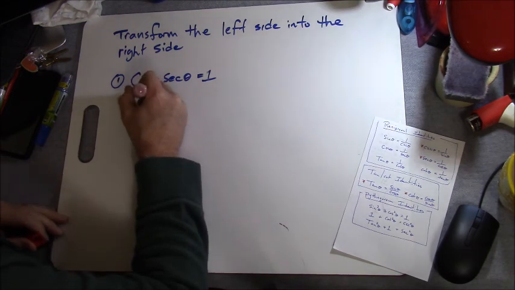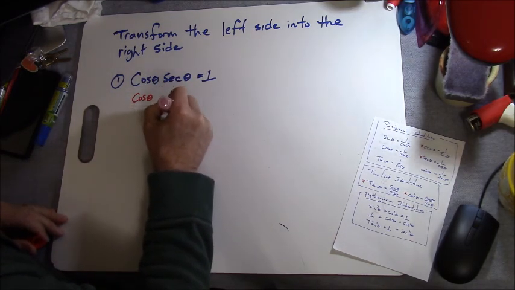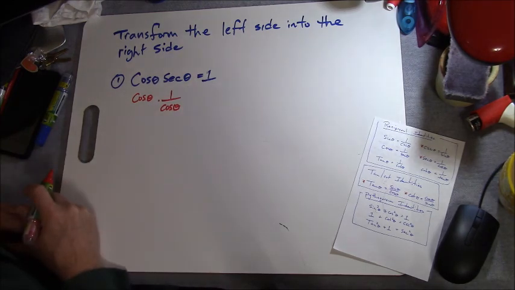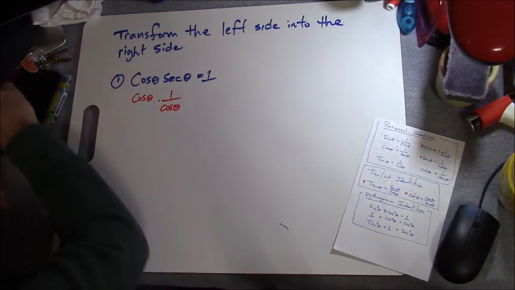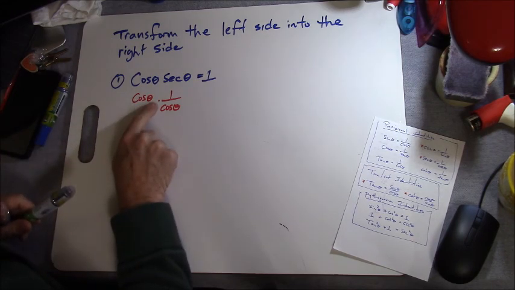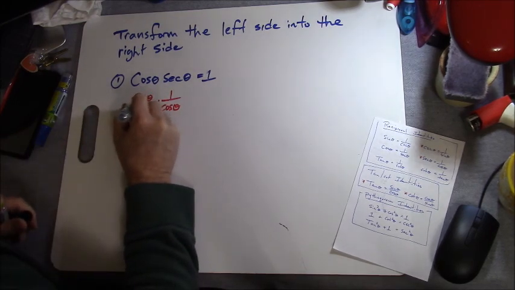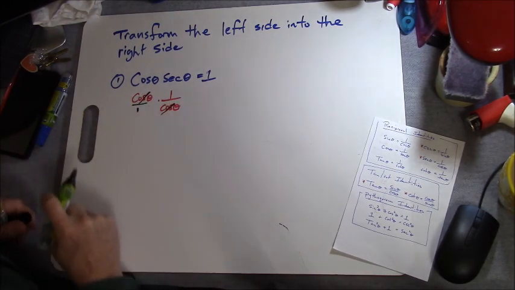So if I write that down, cosine theta times 1 over cosine theta, well then when I look at that I see that those can cancel because we're multiplying. Remember, that's the only time you can cancel is when you're multiplying two fractions. This is the fraction over 1, so I'll cancel those.